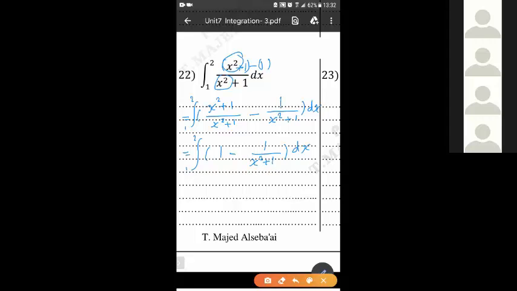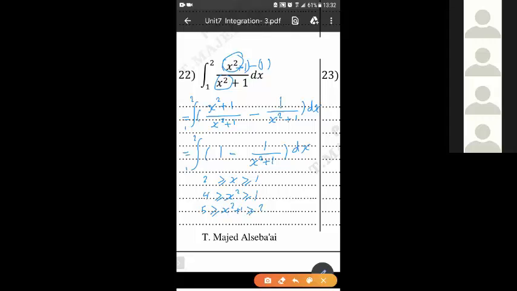I will say x is between 2 and 1 squared. All the sides will be 4, will be 1. Add 1 to all the sides. Okay? It will be 5. It will be 2.